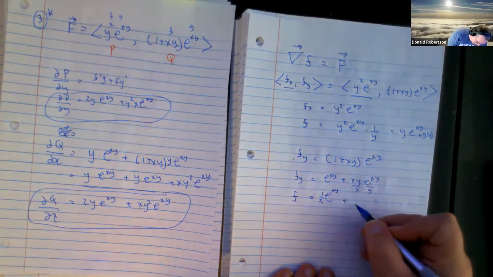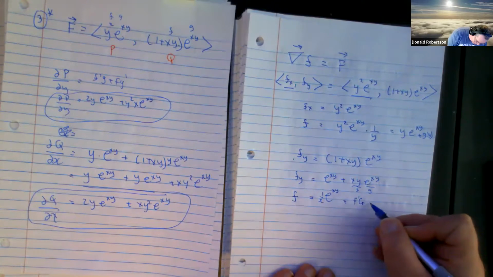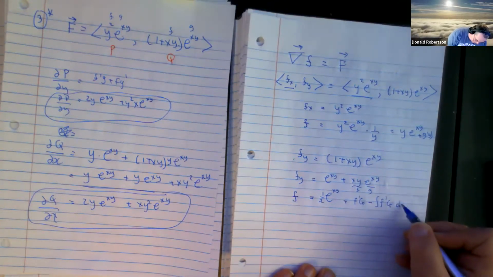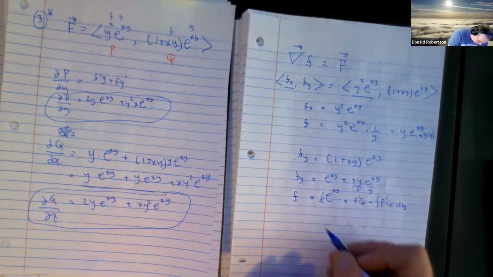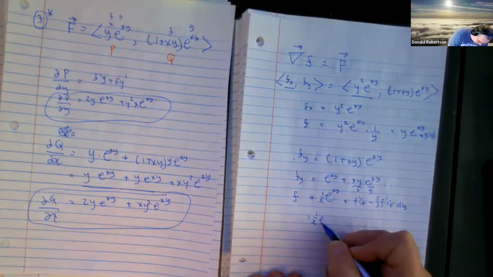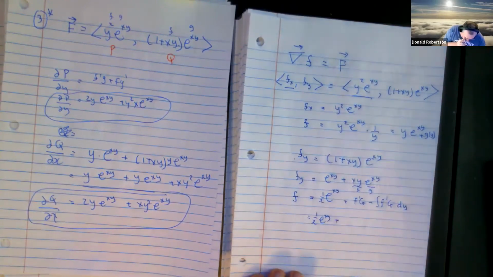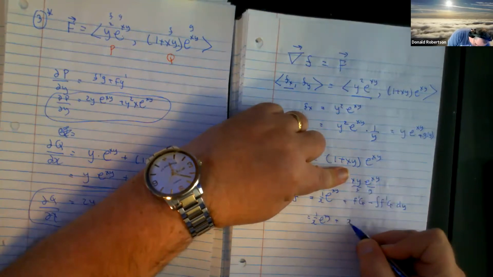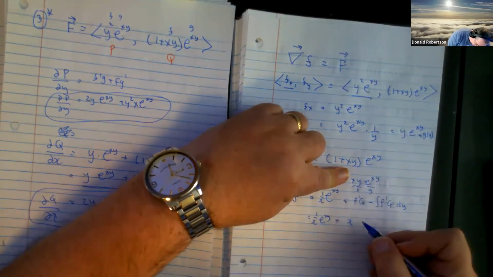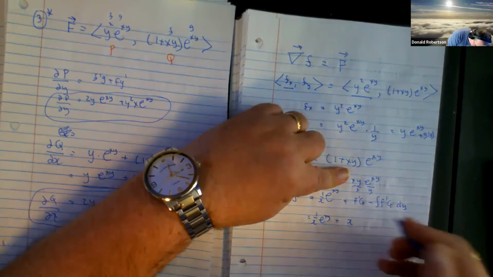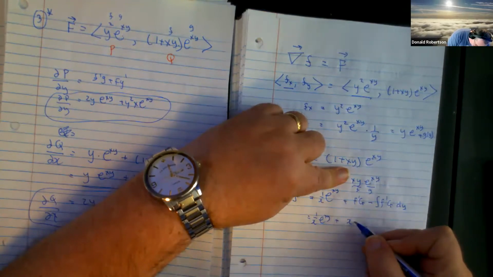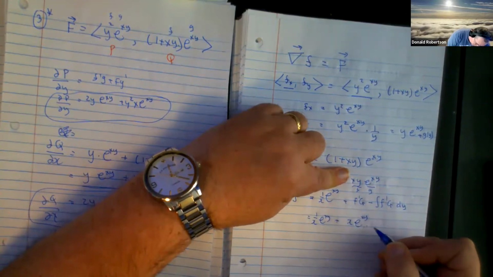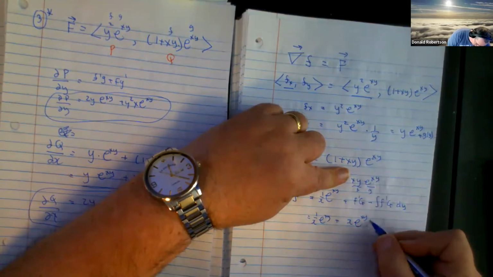So it's going to be f g, take away the integral of f dash g, in this case, dy. If you differentiate this guy with respect to y, you will get x. And if you leave this guy alone, you integrate this guy, you'll get e to the xy with respect to y with a 1 over x.